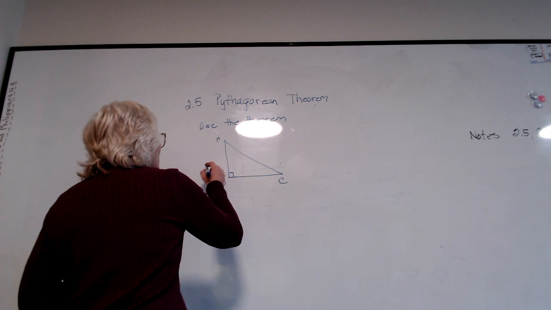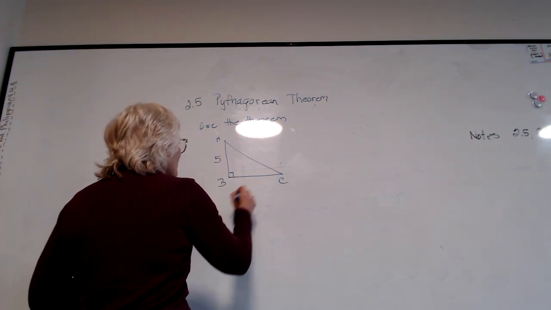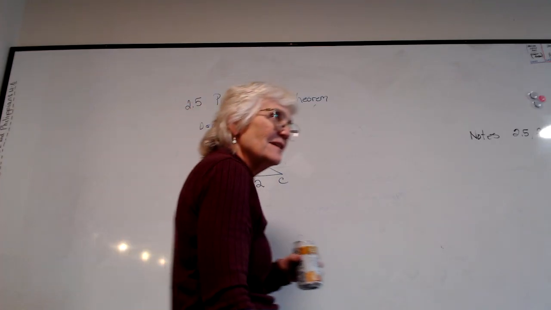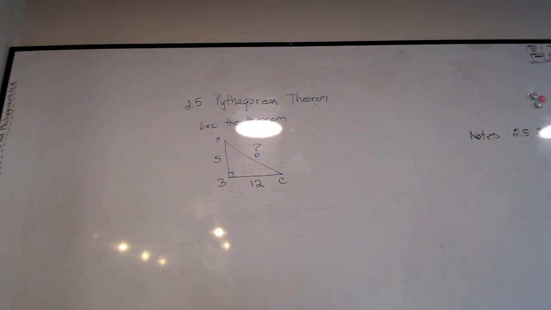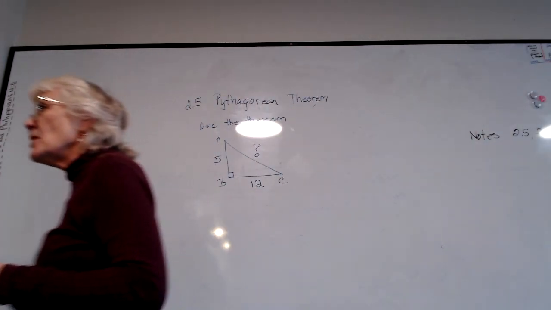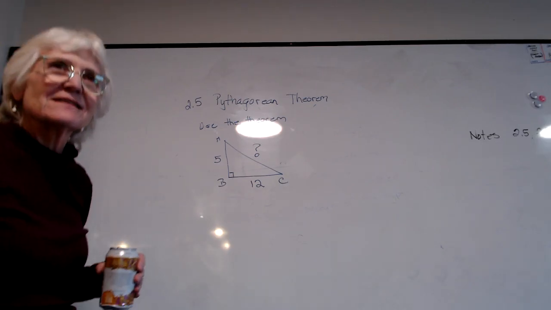Okay, if I know that this is 5, this one is 12, and I want to know what that side length is. Okay. So which one am I actually looking for? Yes, we're looking for the hypotenuse. Okay, it's a hard word to say. Think of hypnotist, that's pretty close. If you say hypnotist, I'll take it.